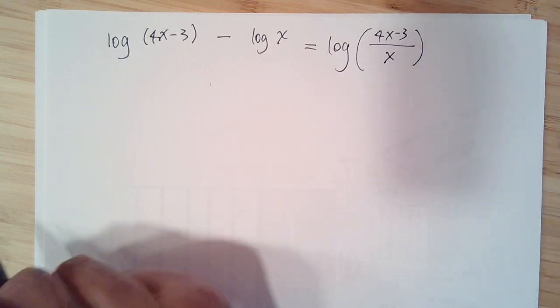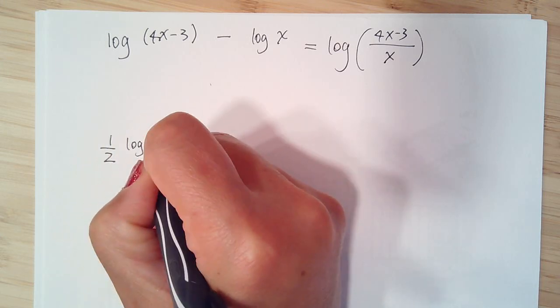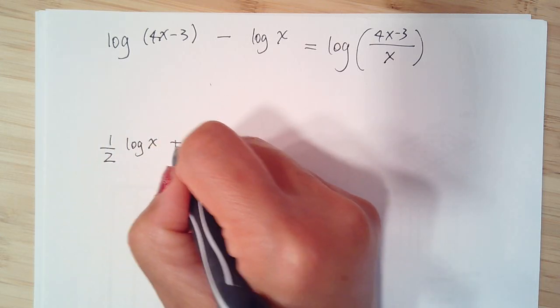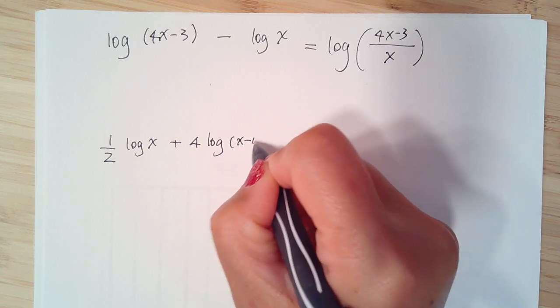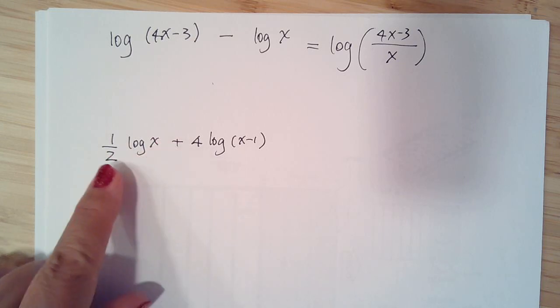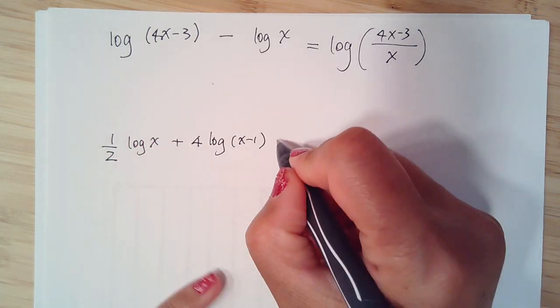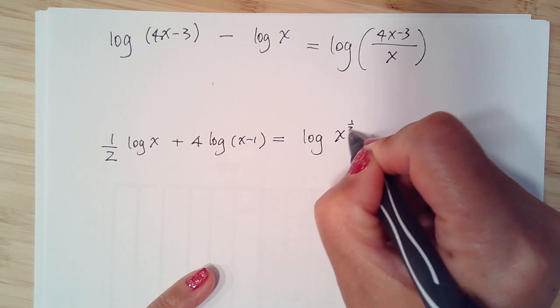Okay, and the next one, 1/2 log x, again base 10, right? Plus 4 log of x minus 1. This 1/2, when we do condensing, moves to the top of that x. So that will be log x to the 1/2.